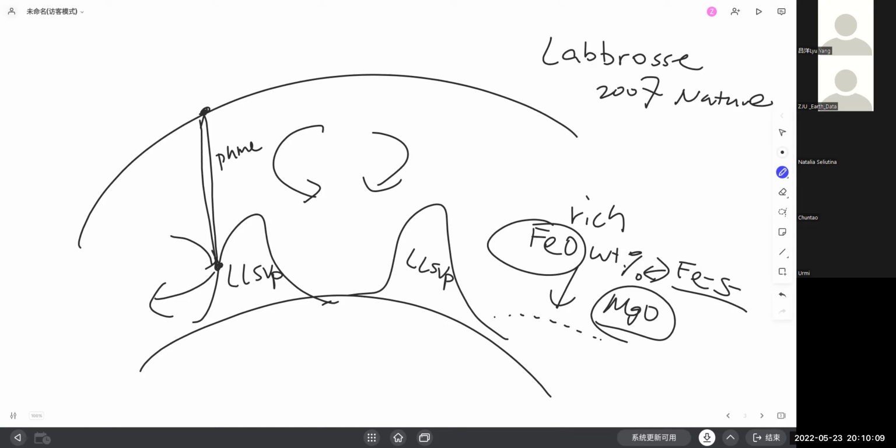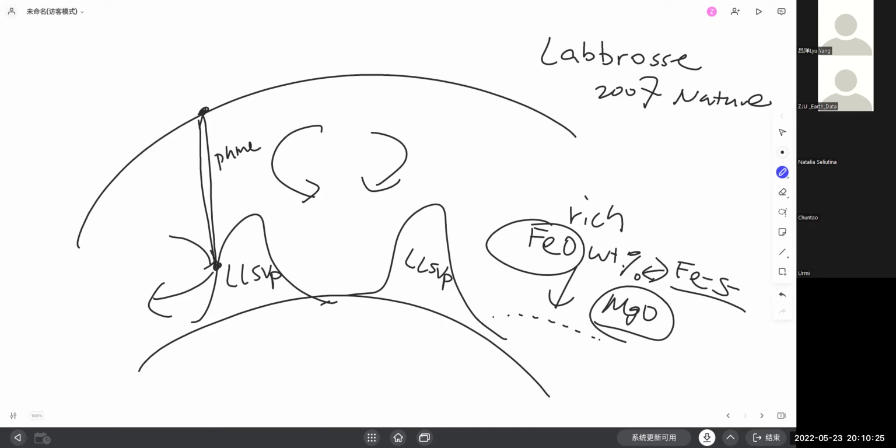So you should find some place with a higher density to preserve these primordial geochemical components. So people propose the large low shear velocity provinces are one of those. But this is not the end of it. There are still many things that people do not know about the large low shear velocity provinces.